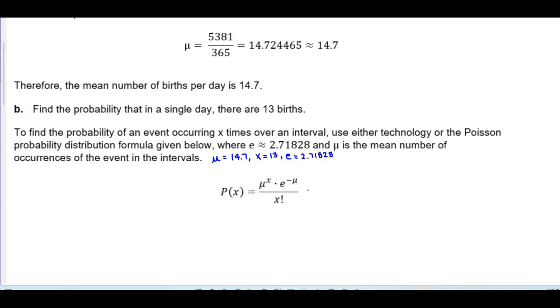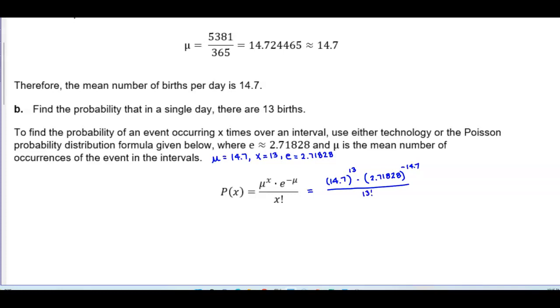So when we use the formula, our mean is 14.7, and we're raising that to the power of 13, and then multiplying that by 2.71828 to the power of negative 14.7, and then dividing that by X, which is 13 factorial.